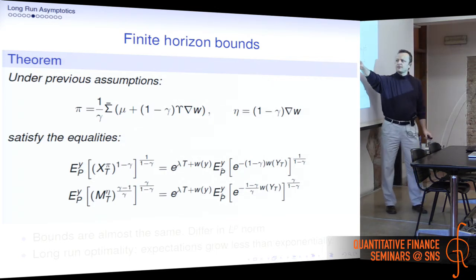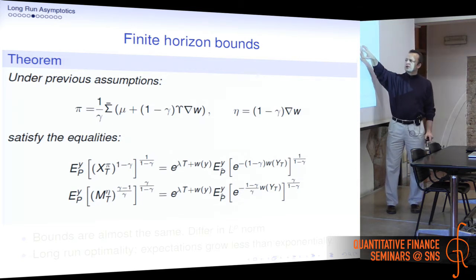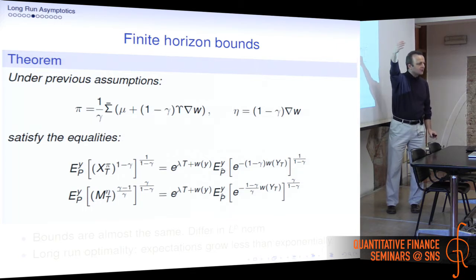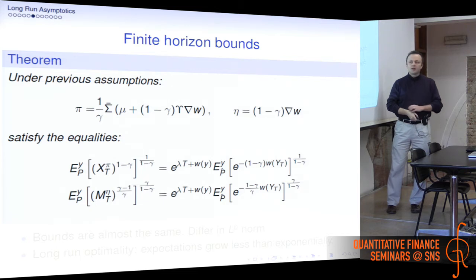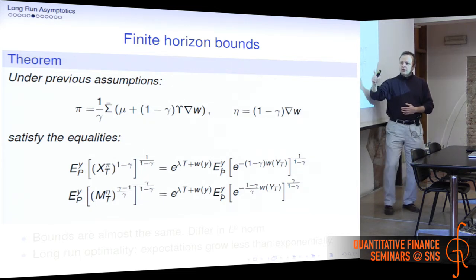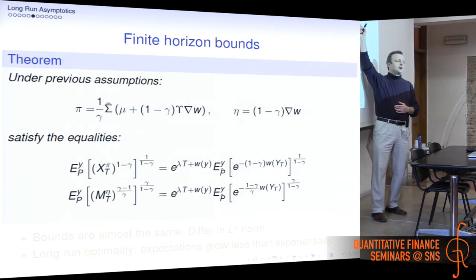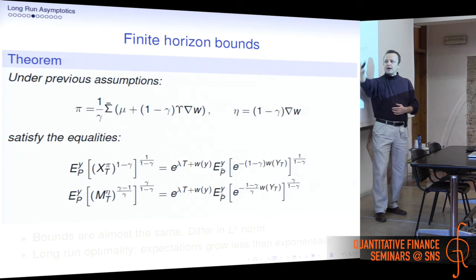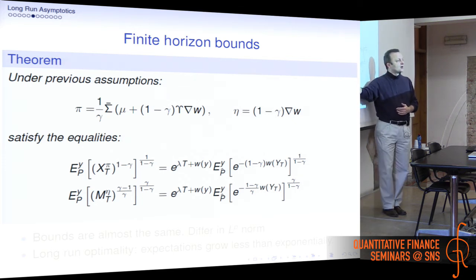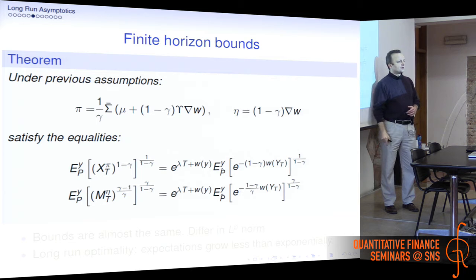This error term is the expectation under P hat, not under P, of some exponential of the state variable at the horizon that we're talking about, okay? Raised to a certain power, okay? If we look at the dual utility for the corresponding stochastic discount factor, we get the same exact expression times a different error term, okay?